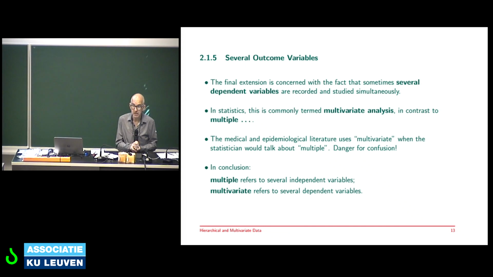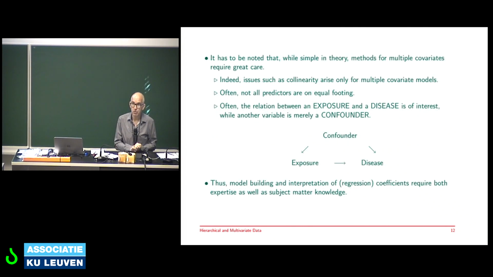We will call that in statistics multivariate methodology, but we have to be very careful. In the medical literature, if you would have, for example, a disease, let's say lung cancer, and then you look at the effect of treatment, but also age, gender, previous therapies, etc., and we account for all these X's at the same time, well, we statisticians, we call that multiple regression.